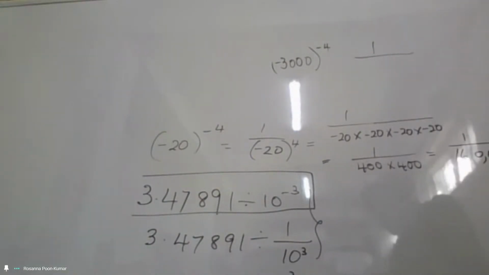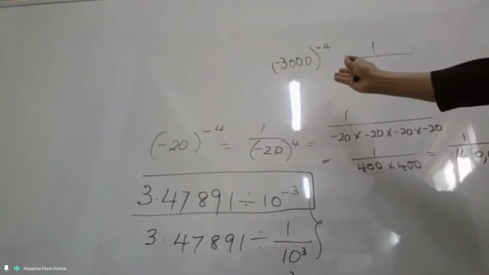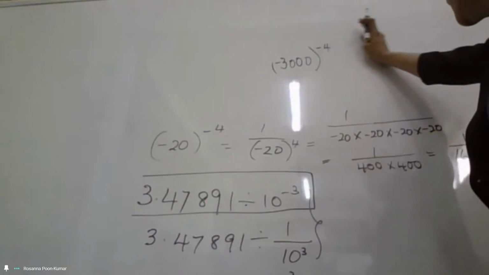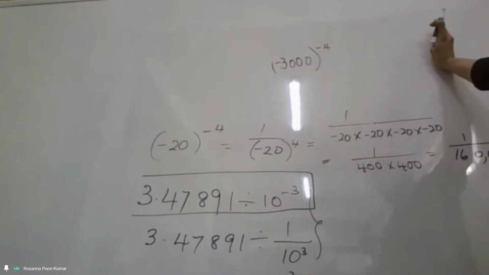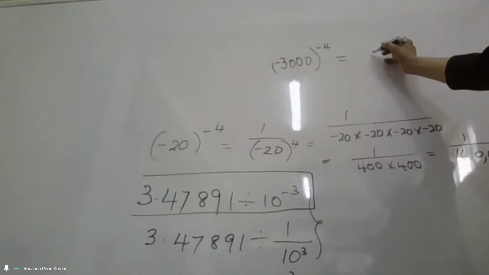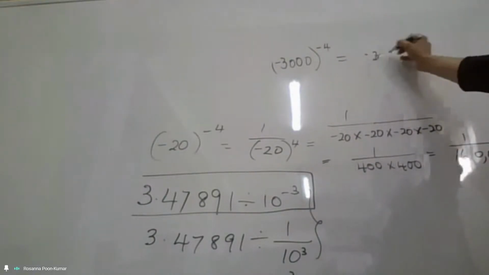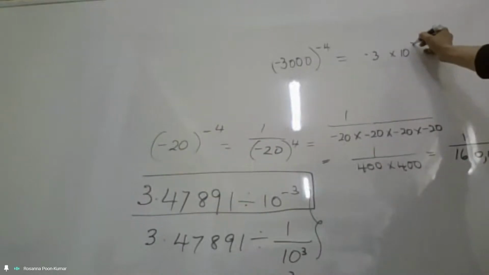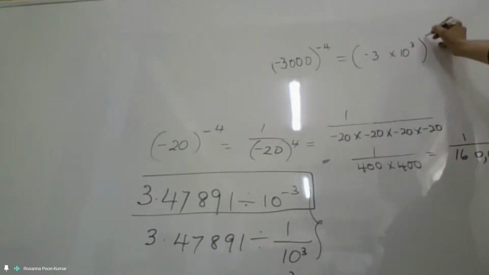I'll write negative 3,000 as negative 3 by 10 cubed, and I'm raising that to the power of 4.